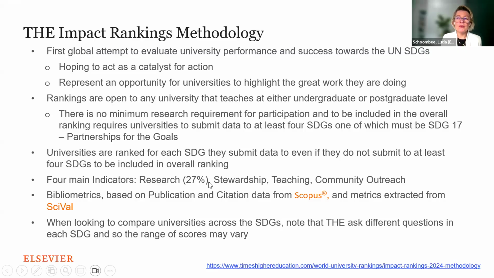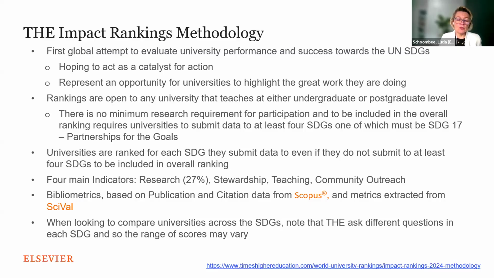So the rankings are also less restrictive in the sense that it's open to any university, where the other rankings have very specific eligibility criteria. Any institution that has undergraduate and postgraduate level education can enter this ranking. There's no minimum research requirement, for example.